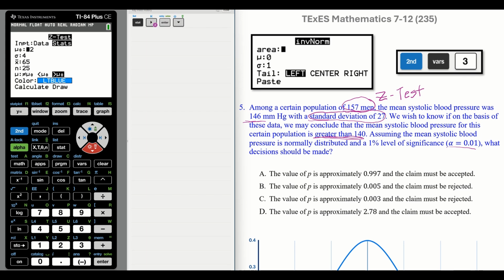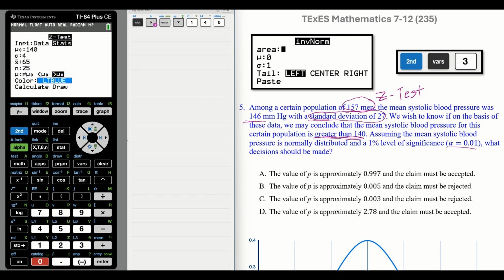I'm not sure what's behind this information. However, we see that they're trying to see if the claim is greater than 140, because of that, that is our mu naught. Okay, so that means that we put 140 in first because it's with our claim.